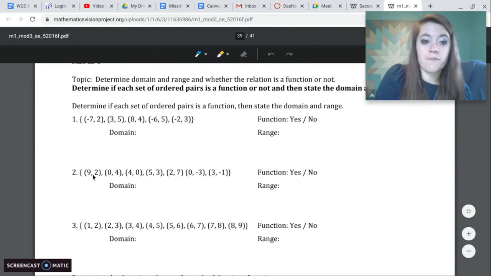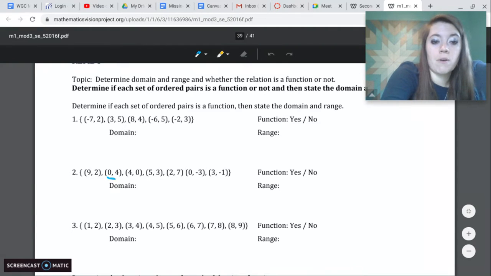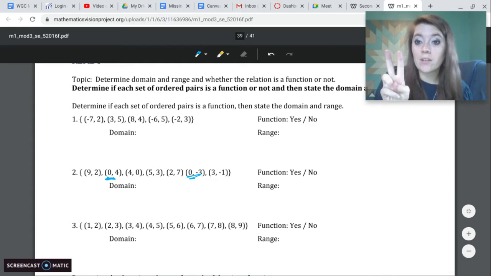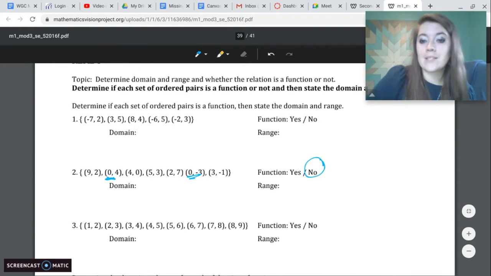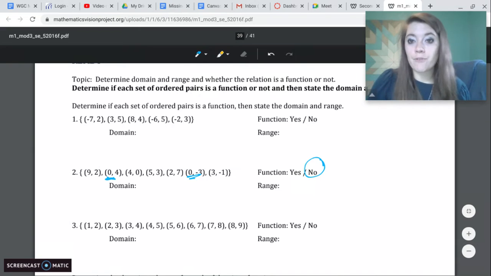For each of the first numbers, is there only one of each of those? Because remember, in an ordered pair, x is first. No. We have (0, 4) and we have (0, -3). So there are two y values for the same x value. So is this a function? No, it's not.